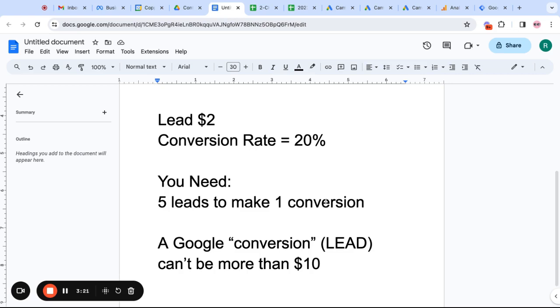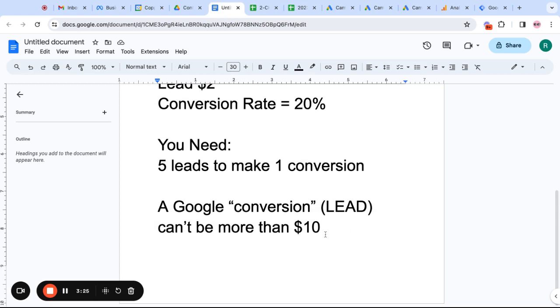So $10 was our target acquisition price. In that case, every lead that you get through a contact form cannot be more than $10. And so that determines your target and helps you make adjustments to your Google Ads in order to reach those goals.